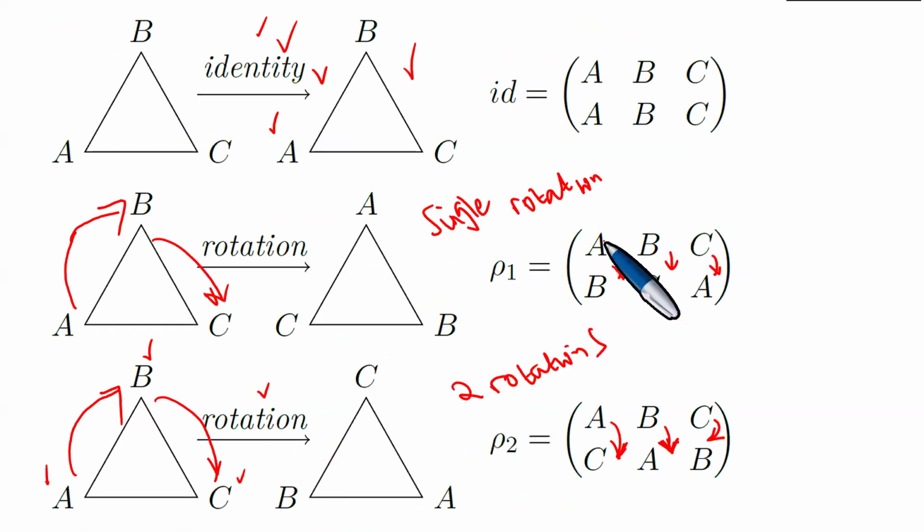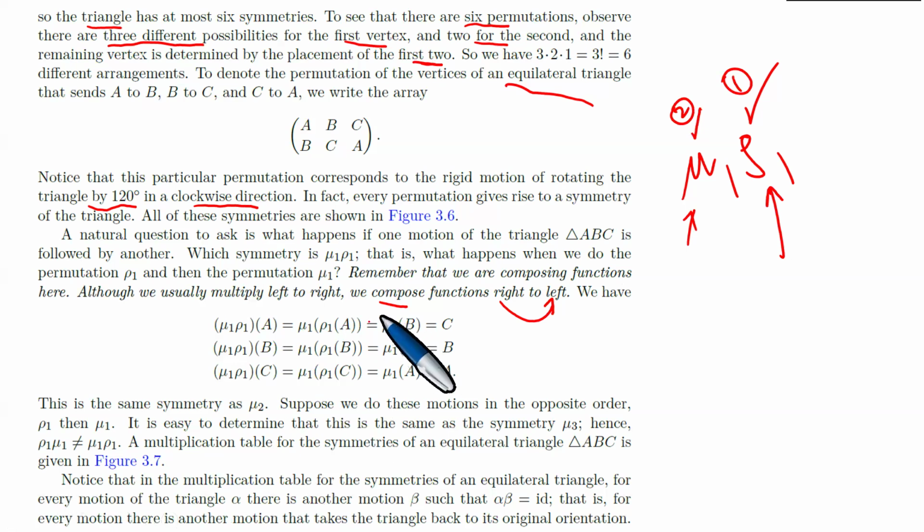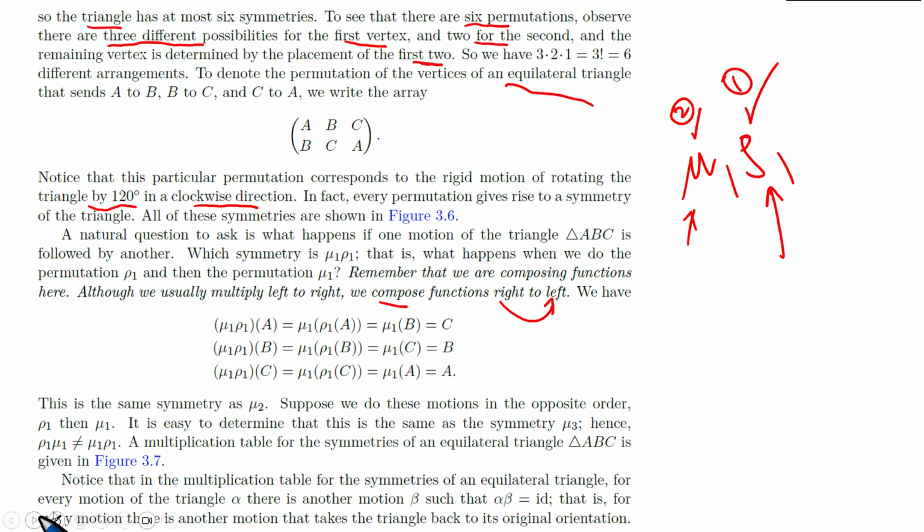Rho 1 takes A to B. And then what does mu1 do to B? Mu1 takes B to C. So mu1 of B goes to C, and that is why this is true.